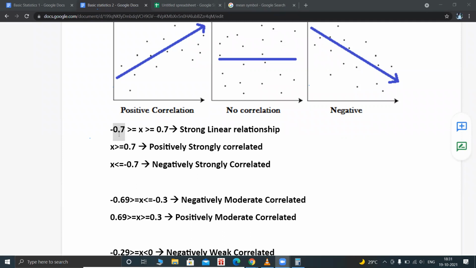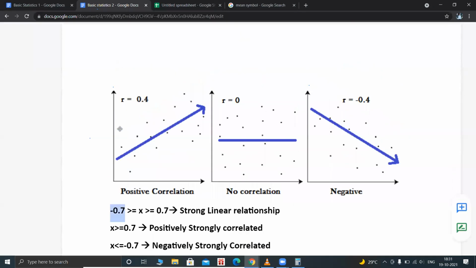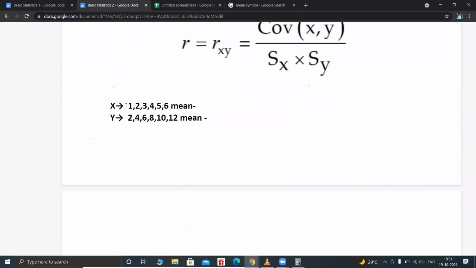No, right? So yeah, see, guys, if the correlation value is negative like this, then obviously it's negatively correlated. So if I increase values in x, then obviously the y value will decrease.